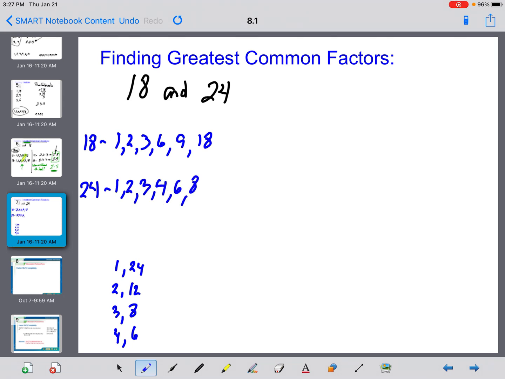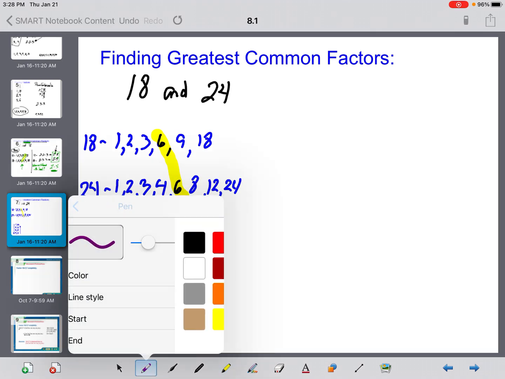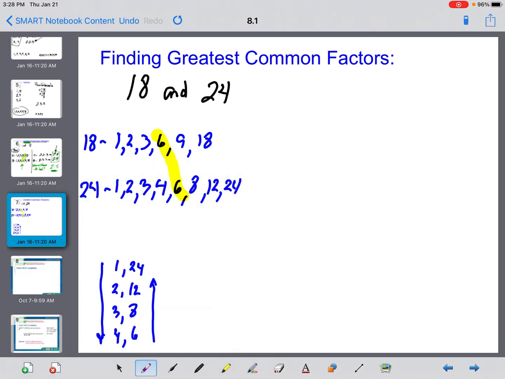So the factors are 1, 2, 3, 4, 6, 8, 12, 24. I went down one way and back up the other, and that's where I got those numbers. Is it obvious to you that the greatest common factor is 6 again?